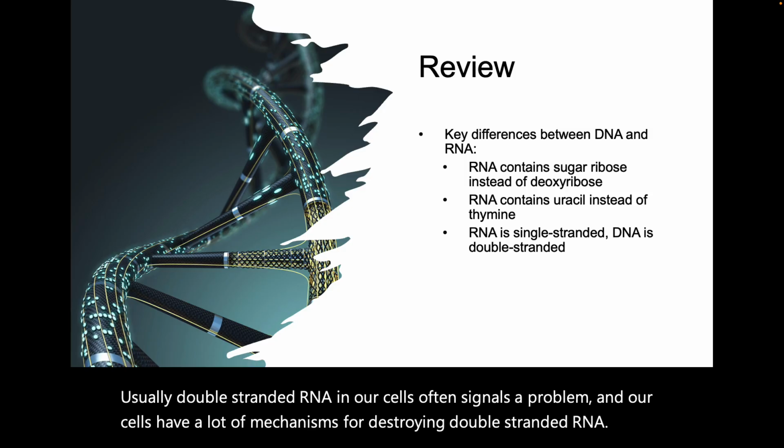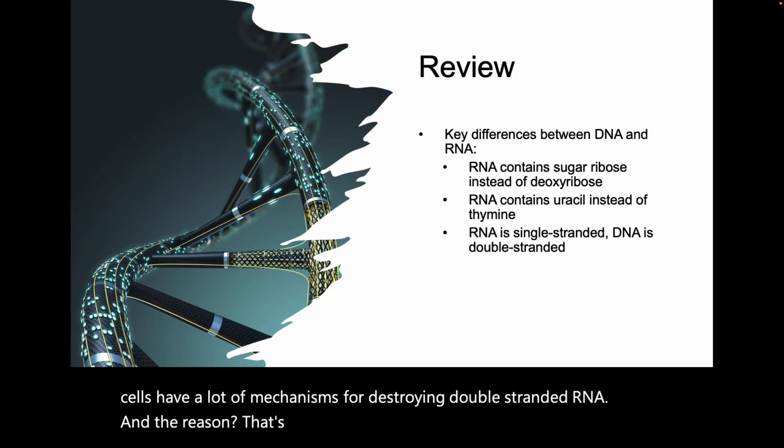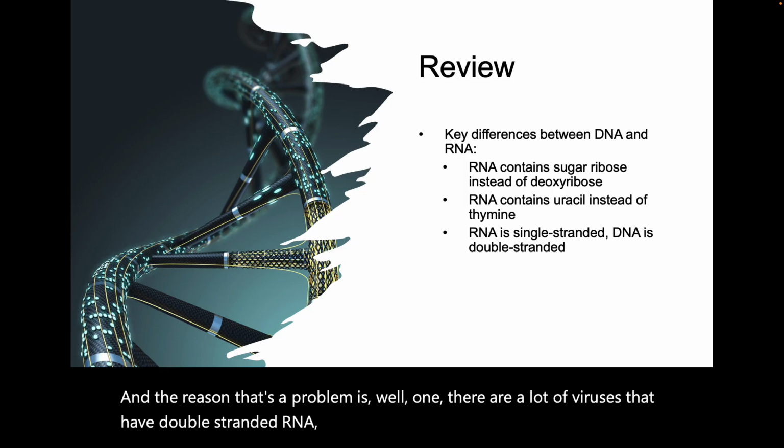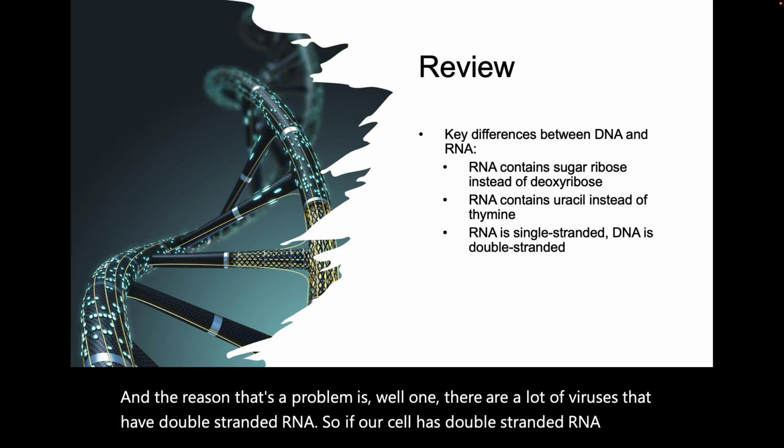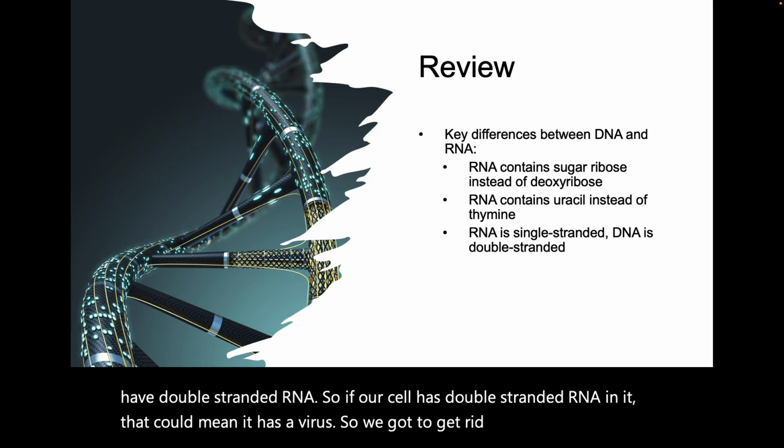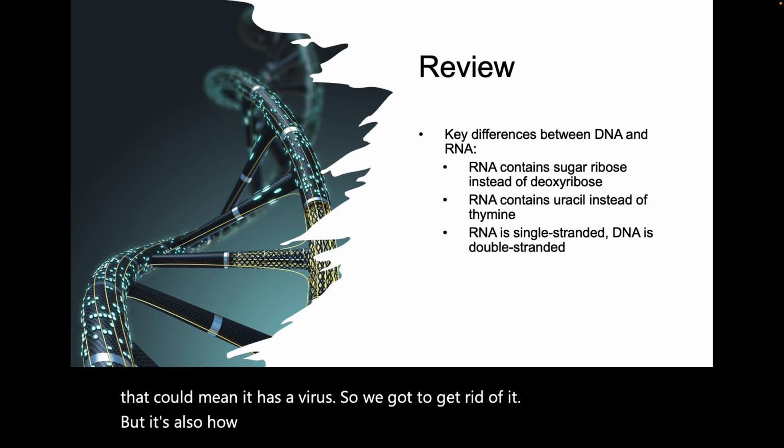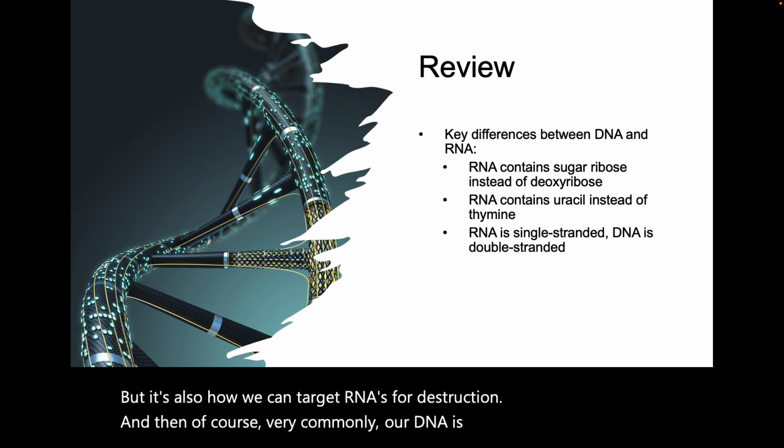The reason that's a problem is, one, there are a lot of viruses that have double-stranded RNA. So if our cell has double-stranded RNA in it, that could mean it has a virus. So we've got to get rid of it. But it's also how we can target RNAs for destruction. And then, of course, very commonly, our DNA is found as a double-stranded molecule.